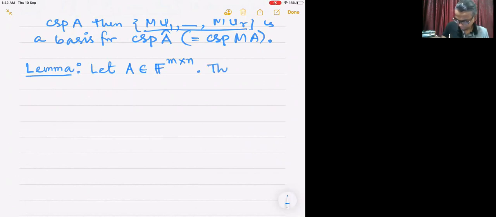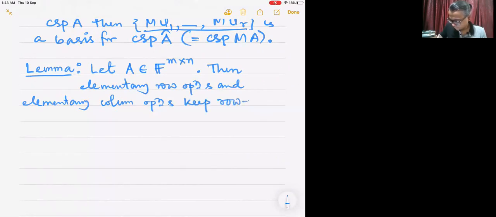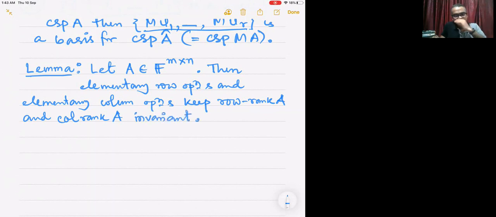Then elementary row operations and elementary column operations keep row rank and column rank, the row rank of A and the column rank of A, invariant. Lovely, no? But this has profound consequences.